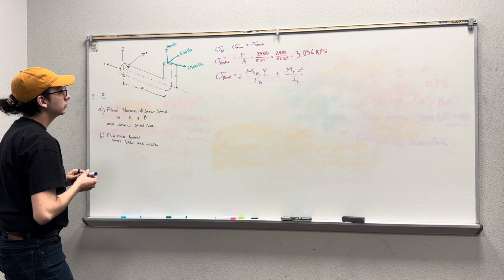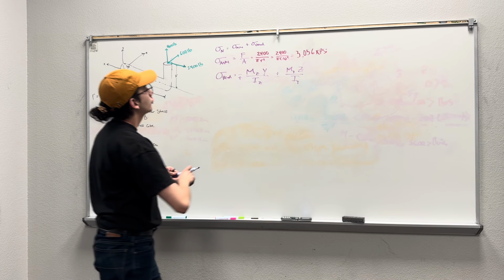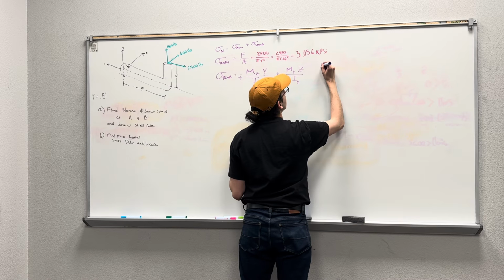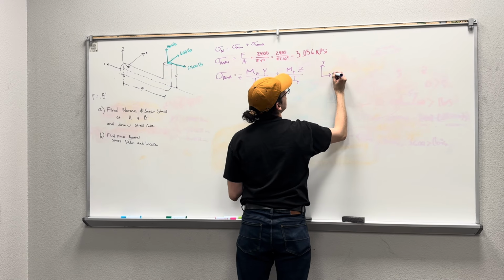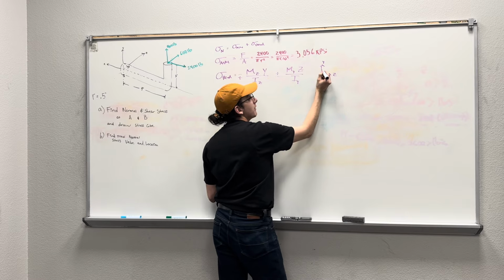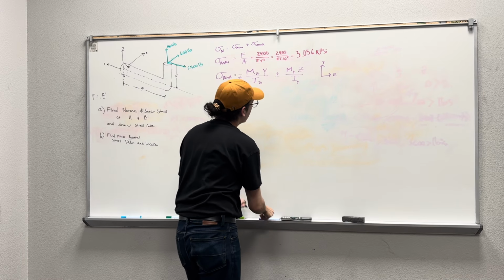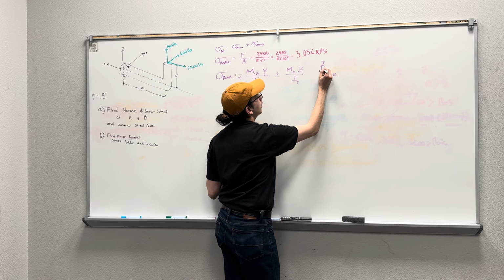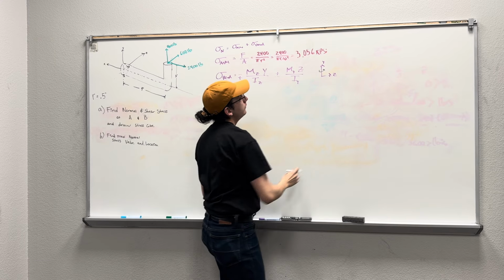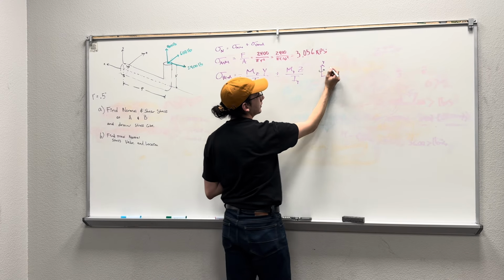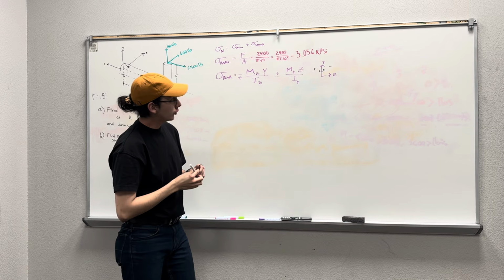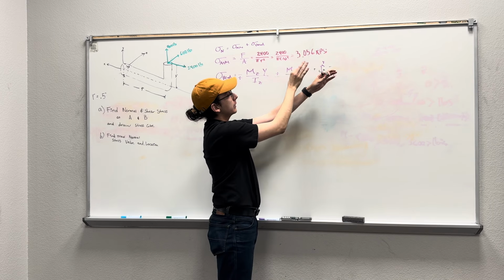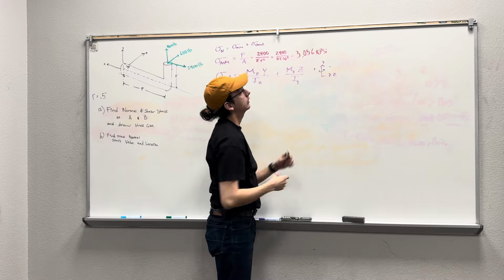So let's figure out what it would be. I like to draw my little triangle, y, z. I know that if I have a positive moment in this negative y direction, I should be getting a compressive force on this side, which is negative, and a tension force on this side, because I'm pretty much pulling from here and pushing over here.